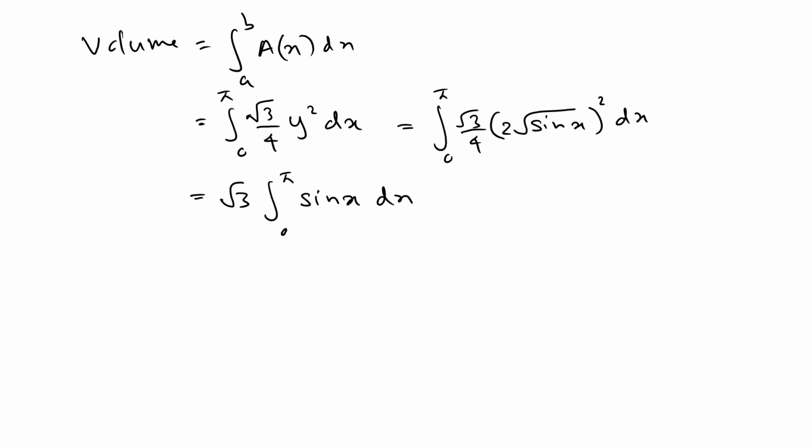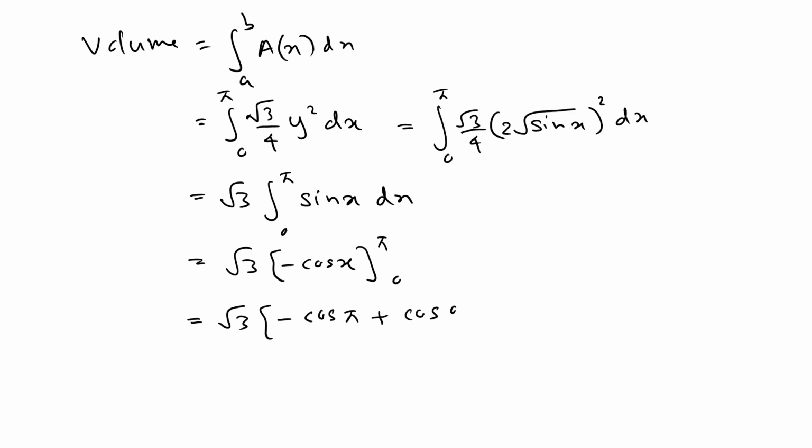This is a very simple integral, so it is square root 3 times, sine integrates to negative cosine. So this is negative cosine, with the values pi and 0. So let's plug in. Negative cosine pi, minus will become plus cosine 0.